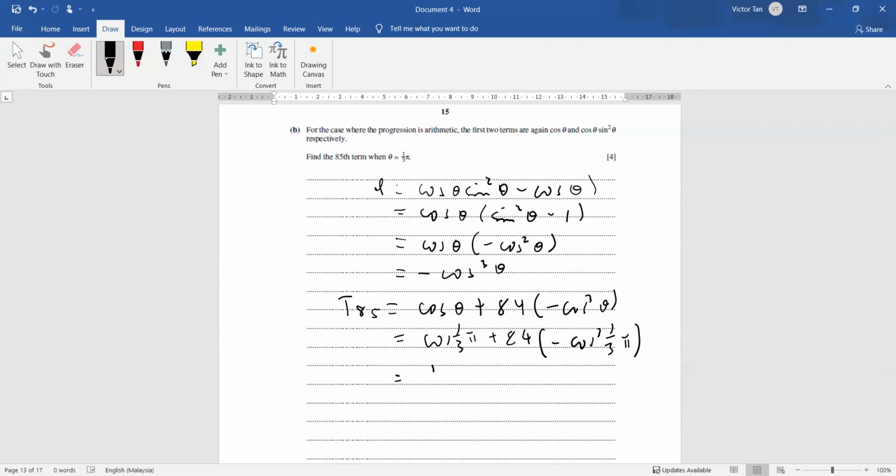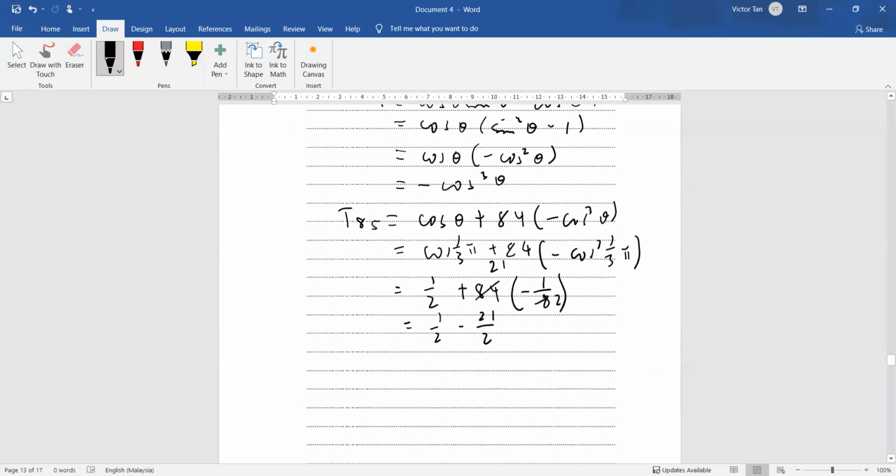Cos 1 over 3 pi again is half. Cos cube 1 over 3 pi is half cubed, which will be minus 1 over 8. So this can be divided by 4, which is 21. So it is half minus 21 over 2, which is minus 20 over 2, which is minus 10.